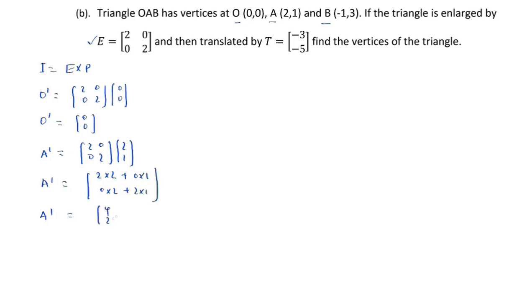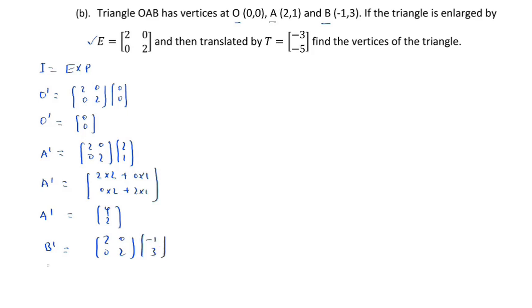Okay, so our next point is point B, having -1, 3. So the B image is going to be matrix 2, 0, 0, 2 times -1, 3. Let us apply multiplication of a matrix.